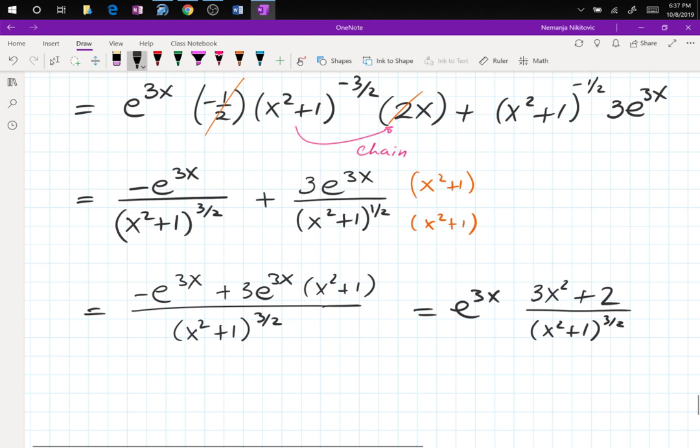And that's it. And if you used quotient rule, you should be able to get the same answer once you simplify. Now this problem is ready to be set to 0, and then find potential values here and go from there.